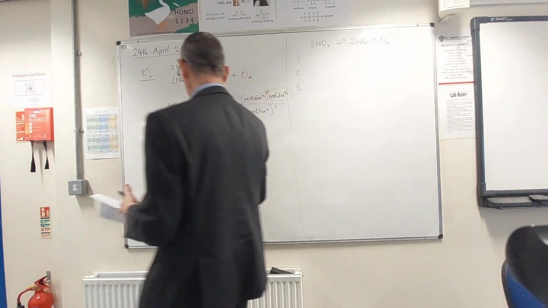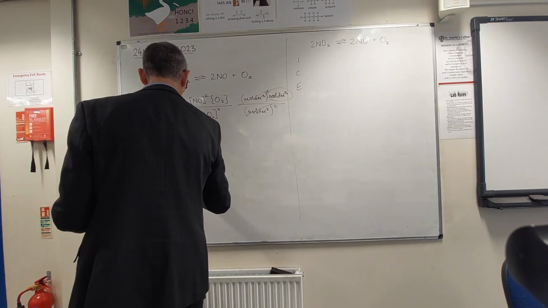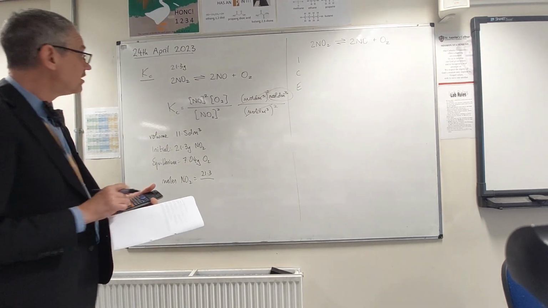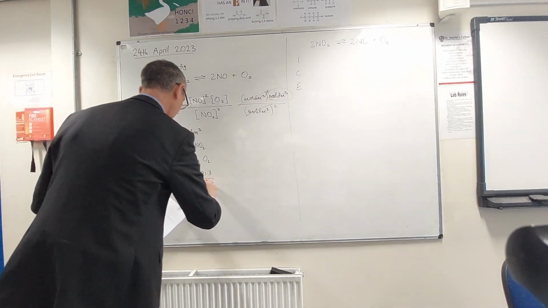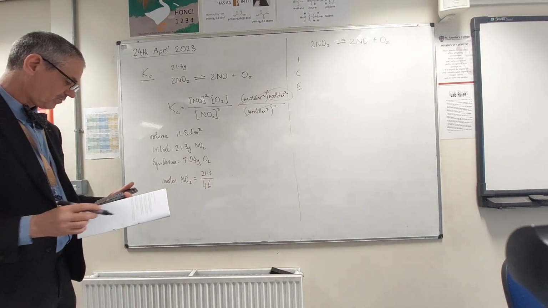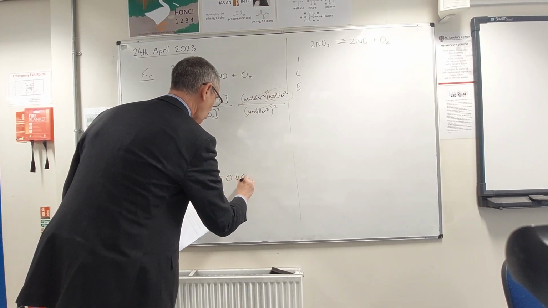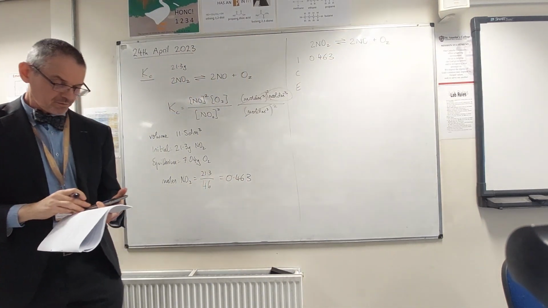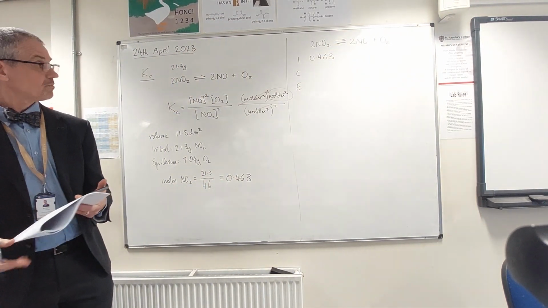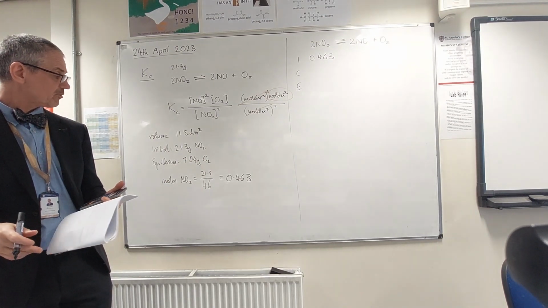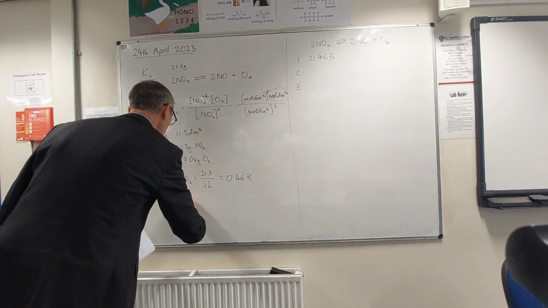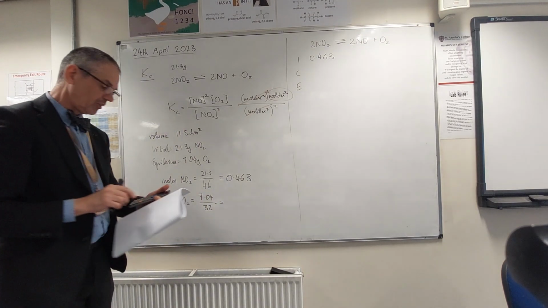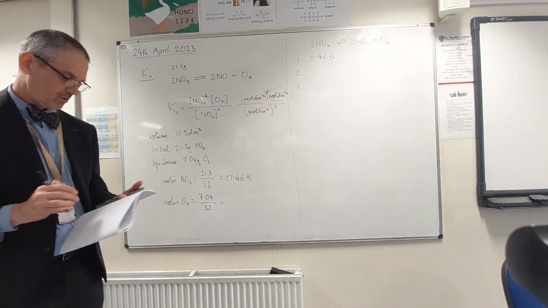Divide by formula mass. So moles of NO2 is 21.3 over 46, which is 0.463. What else do I know? The equilibrium value for oxygen: 7.04 divided by 32, 32 for O2, is 0.22.